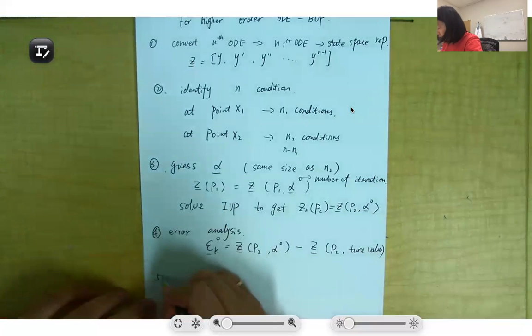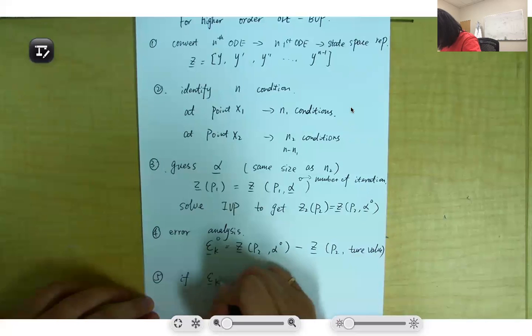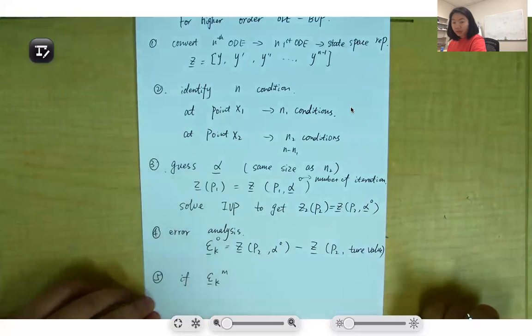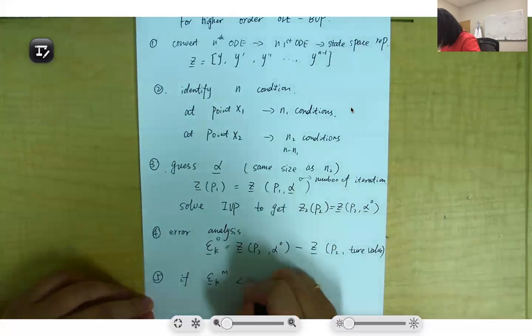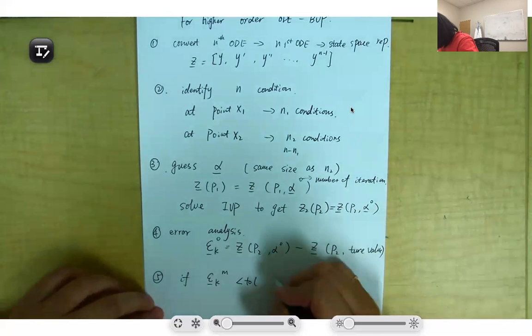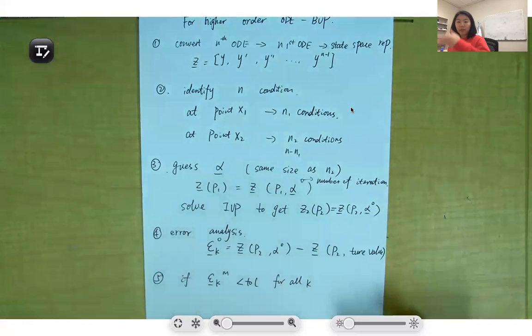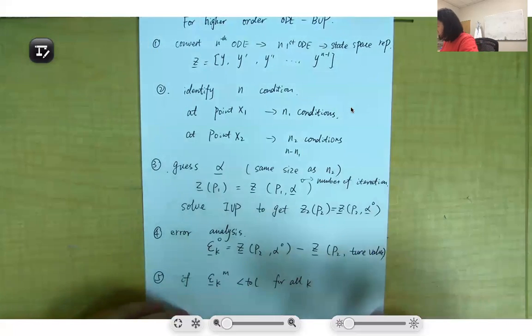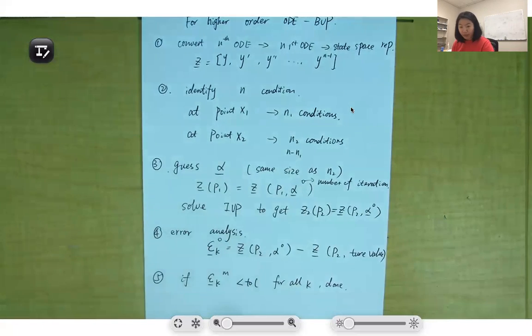Then we do the error analysis. We do these iterations until epsilon_k at the mth iteration is smaller than the tolerance for all k, because you have z1, z2, z3, until zn. If all of them are smaller than the tolerance, we are done.